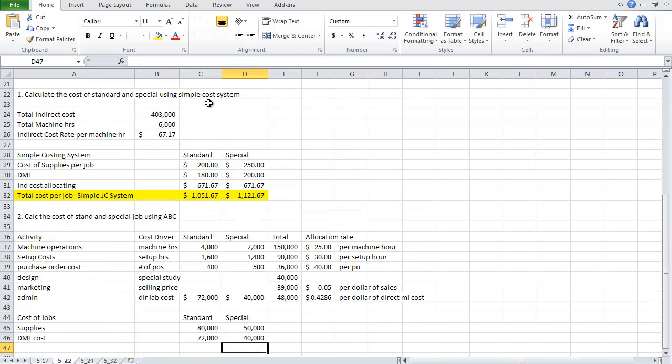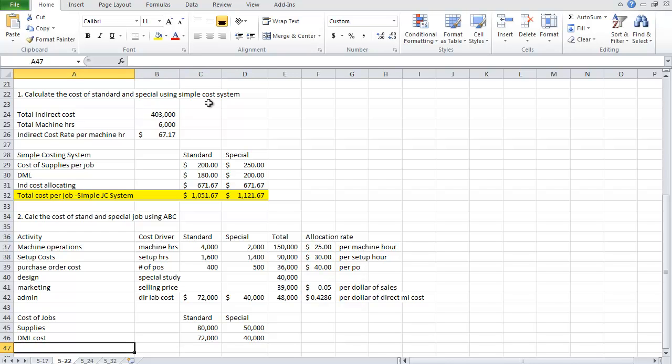Now don't forget, when we're doing an ABC system or a standard simple system, the first two categories, your direct materials and your direct labor, those are always the same. The thing that we're doing differently is how we allocate the overhead. So the overhead piece is the piece that's different between the simple structure versus the activity-based cost structure.